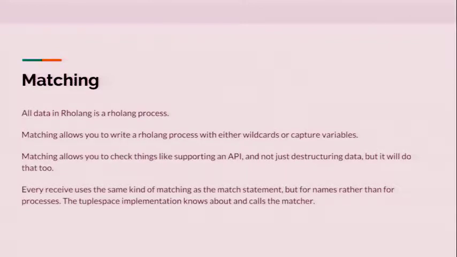So the grammar for writing a pattern is the same grammar that you would use to write a process, except that the grammar for writing a pattern is allowed to have free variables in it, things that have not yet been bound.